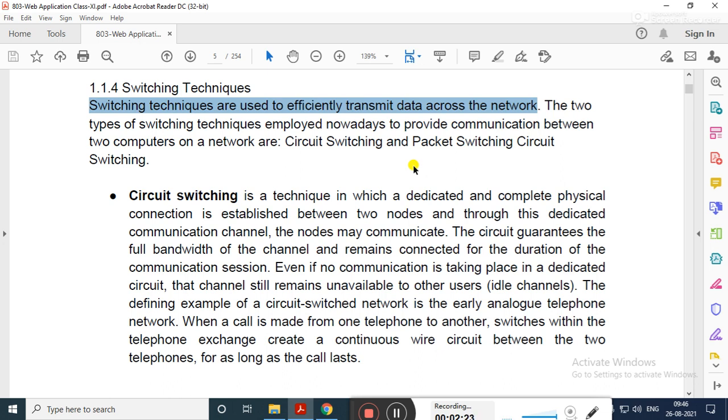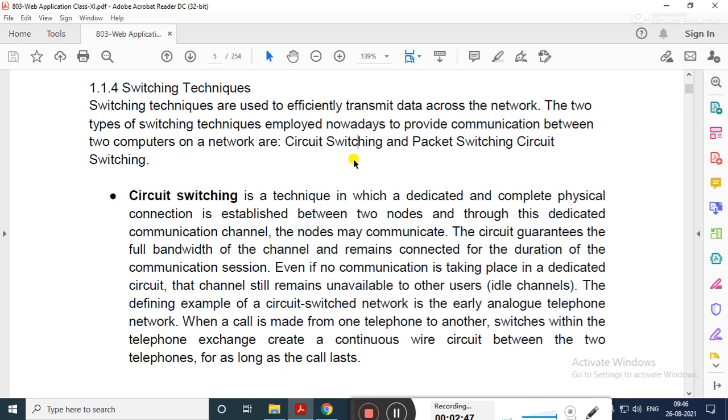Both processes happen smoothly, and that smooth functioning is done by these switching techniques. Your message will go from the source to the destination smoothly. That is the main function of switching techniques.